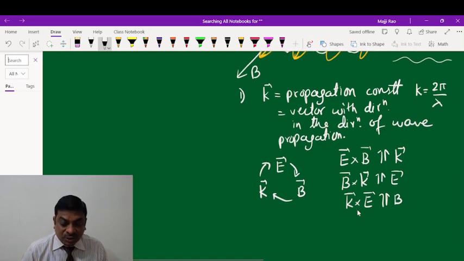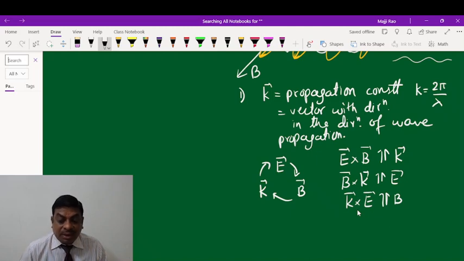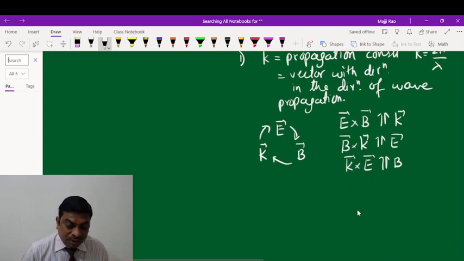Somewhat similar to that. So this will help you find the direction of any one given the direction of any other two. Okay, students?